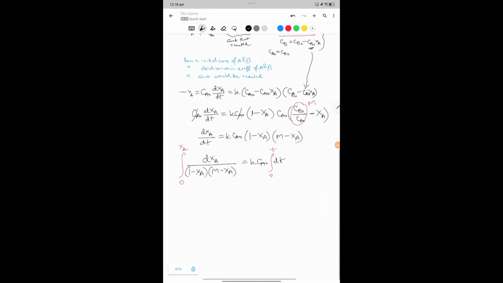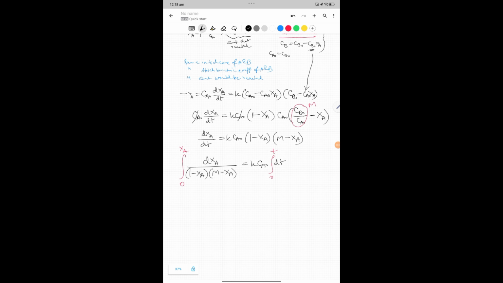If we integrate this, we get an expression like ln((m minus XA) by m(1 minus XA)) is equal to CA0 (m minus 1) into kt. Okay, so this is the final thing that we will get.